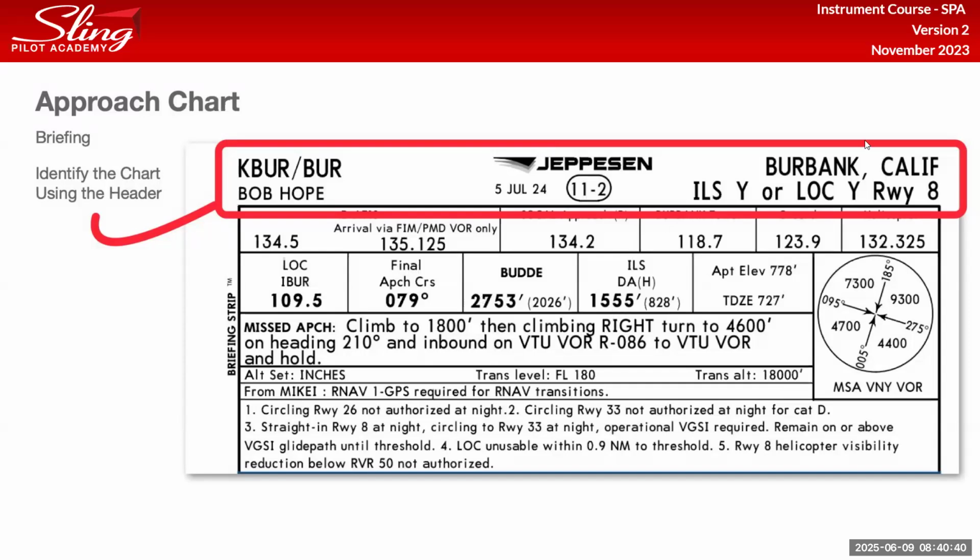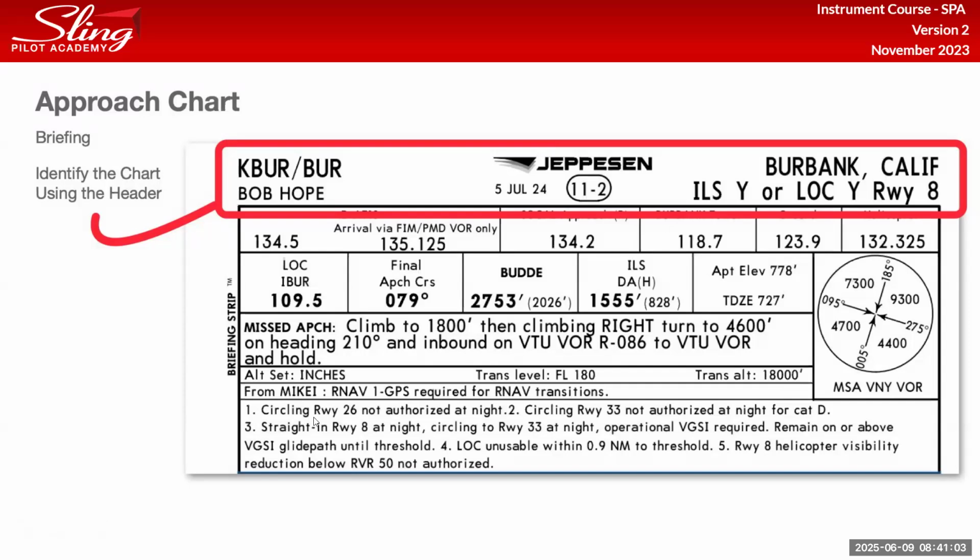We have those set. Airport elevation 778, touchdown zone elevation 727. Our missed approach, we're climbing 1800, climbing right turn to 4600, heading 210 inbound V2 VOR radial 076 and hold. We have V2 nav frequency in standby, and in our flight plan, the missed approach is loaded.